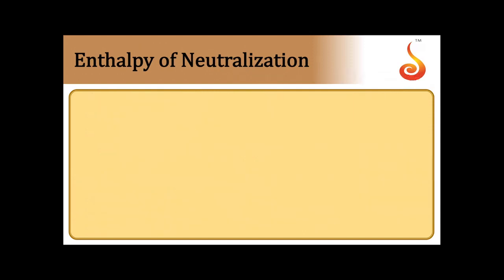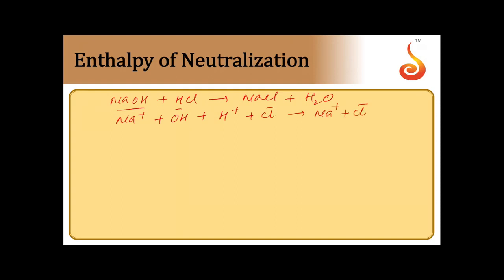Now when you take, for example, a strong acid and a strong base, they undergo complete ionization. So NaOH plus HCl gives rise to NaCl plus H2O. NaOH in aqueous solution has only Na+ OH- plus H+ Cl-, giving rise to Na+ Cl- plus H2O.